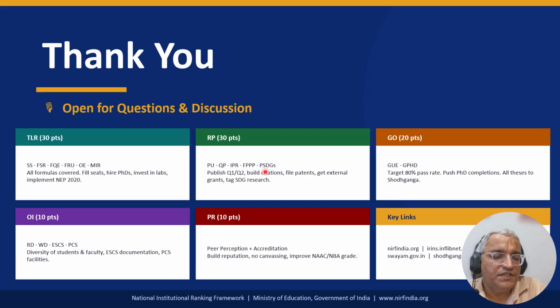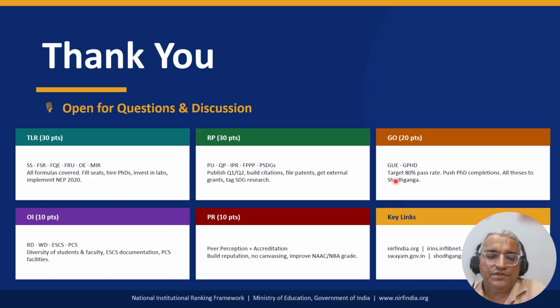PSDG is the publication in SDGs. Again, this PSDG, PU, and QP are captured directly from Scopus, so no data is expected from the institute. Even for patents, the data is captured by a third party. Only for FPP do we have to feed the data.